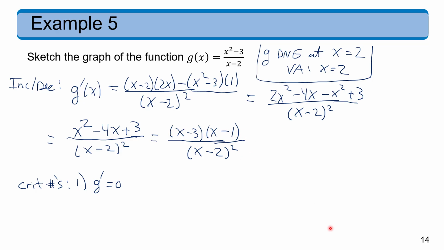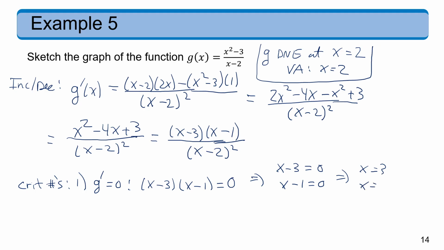So all we really need to do is set the numerator equal to 0. And then now notice this is a product equal to 0, so we set each individual factor to 0. And then solving those, we get 3 and 1. Those are two of our critical numbers.